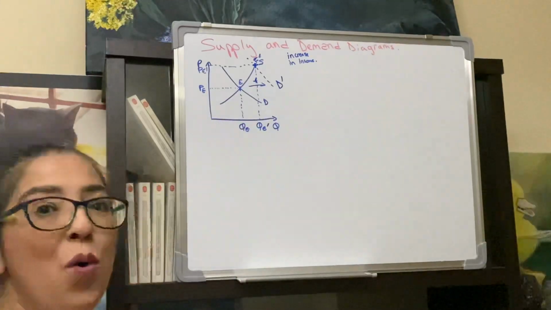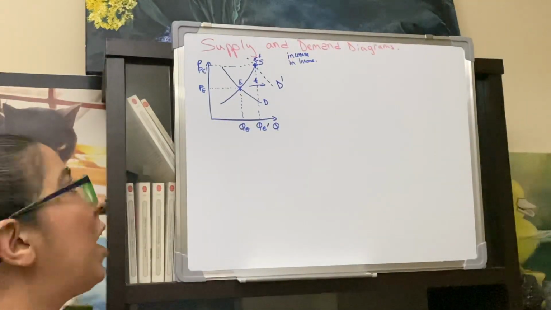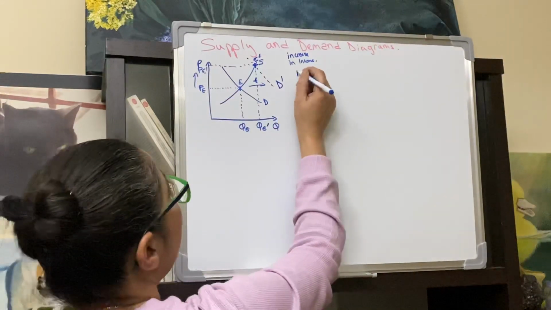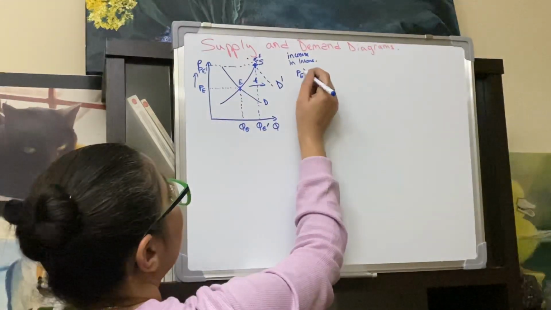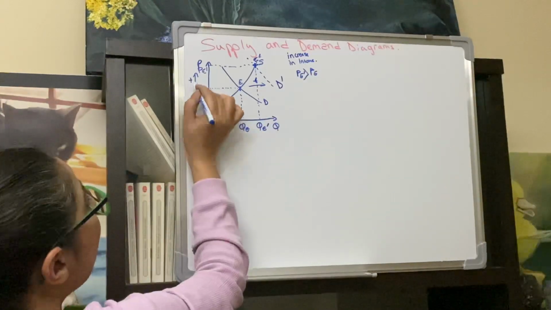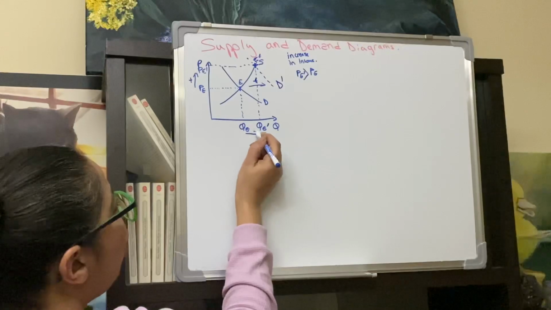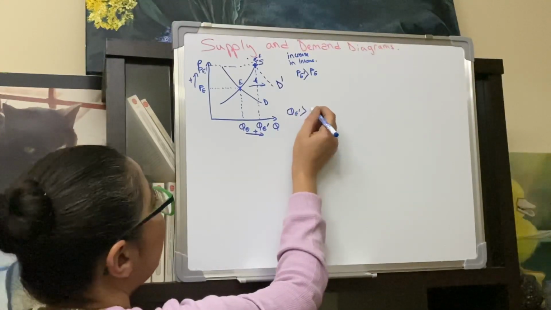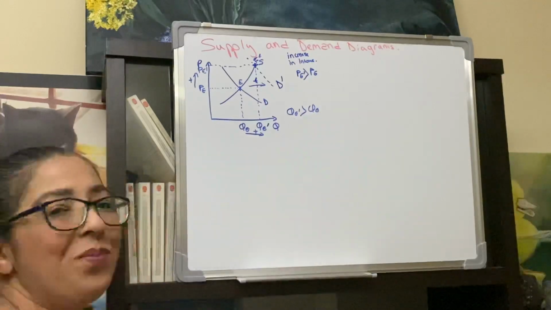So here we know that the prices in the market are going to increase. So PE prime will be higher than PE. And we know that people are going to buy more. So QE prime is greater than QE. Okay?